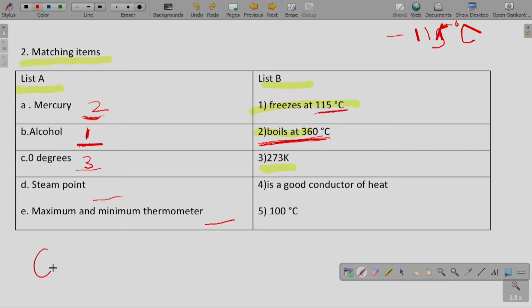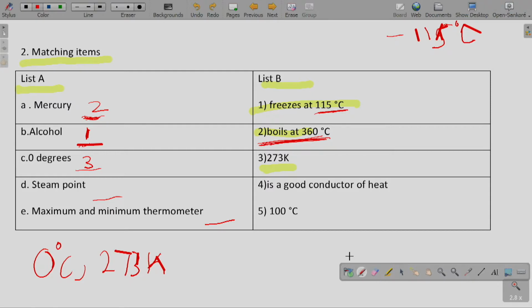If a body has a temperature of 0 degrees centigrade, it means in the Kelvin scale that body has a temperature of 273 Kelvin. So the most likely answer here is 3.